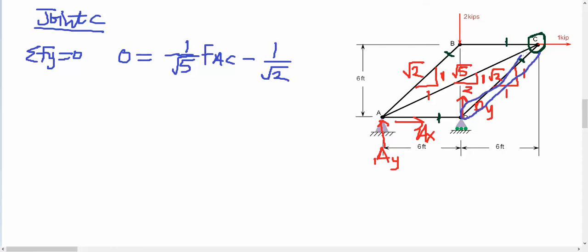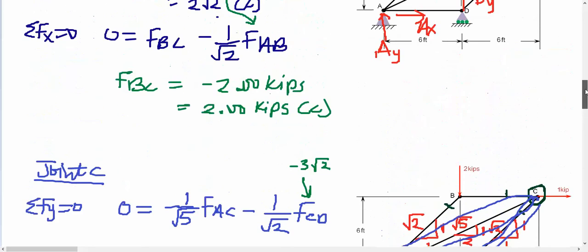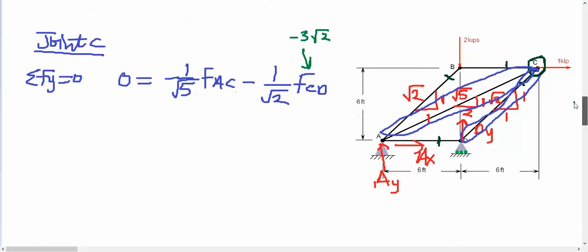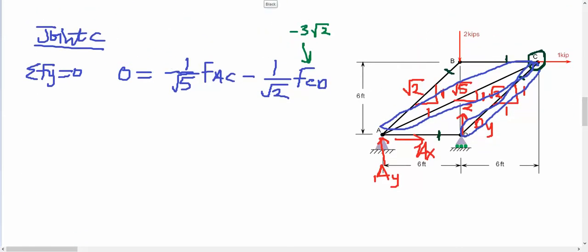We don't care about BC because it has no y components. We solved for FCD first, so we can plug in that value for FCD, which was negative 3 square root of 2, if I'm not mistaken. Yes, negative 3 square root of 2. So we plug that back in, and now we can solve for FAC.